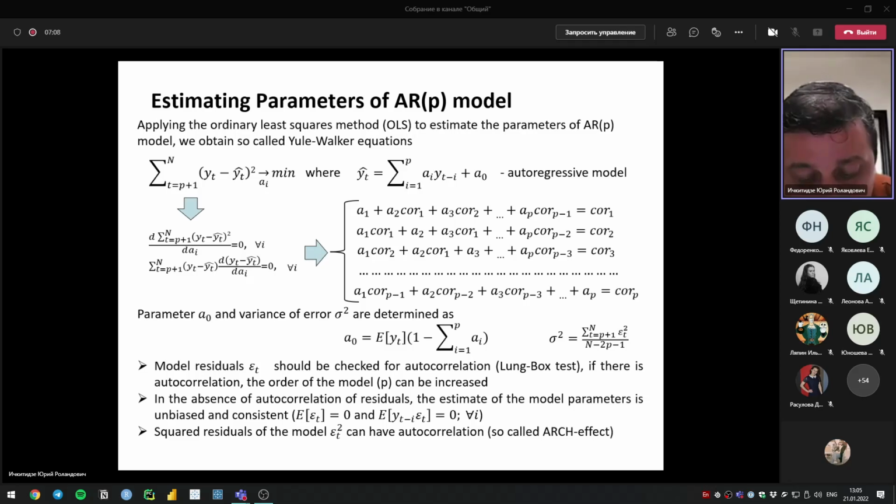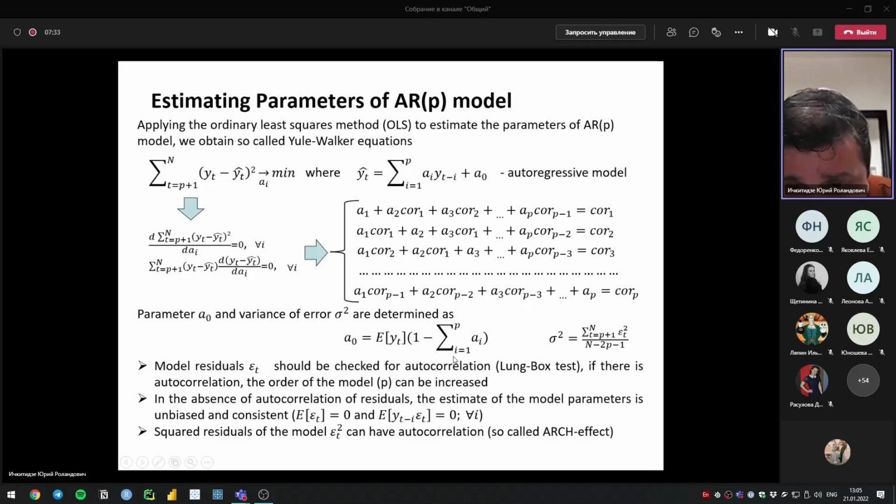The autoregressive model constant A0 is determined by the formula through the average value of the original series Y. We already went through this in the previous lecture when we considered how the mathematical expectation of the value Y is calculated.